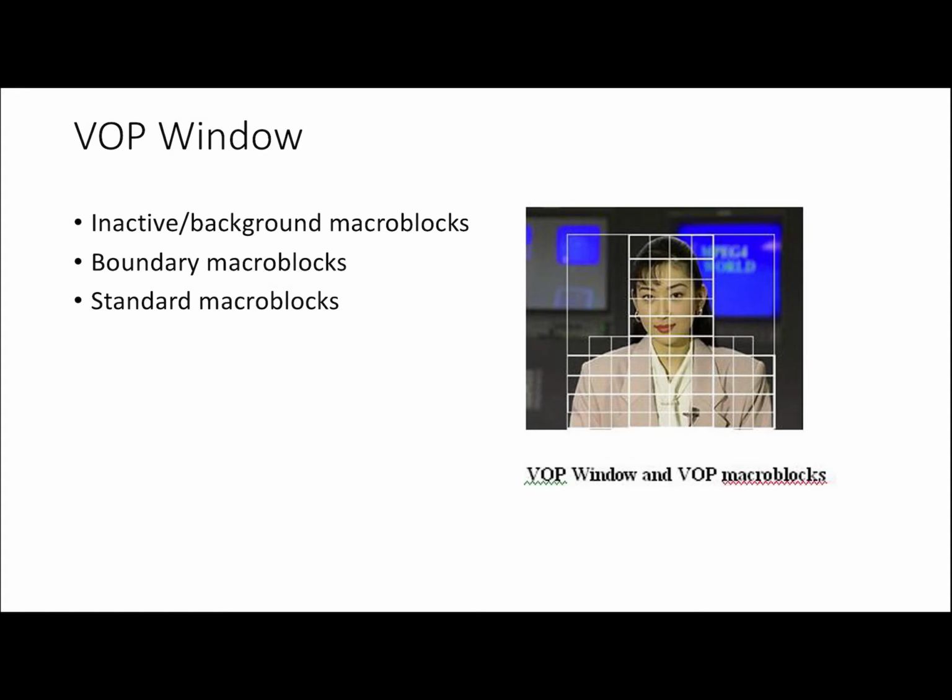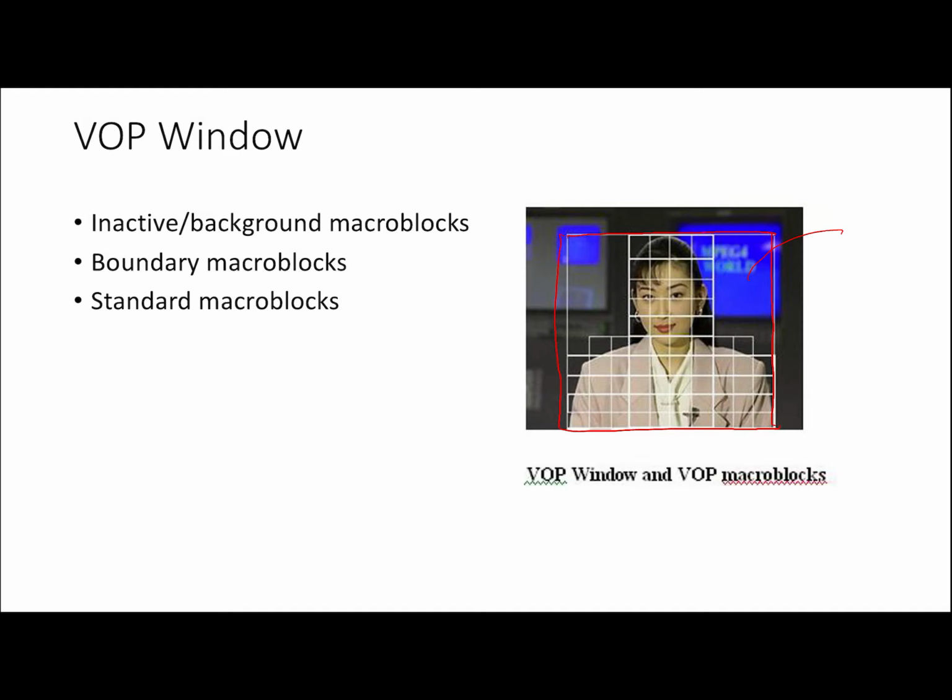Now, to encode shape, motion and texture information in arbitrary shaped video objects, MPEG-4 defines a rectangular bounding box for each VOP.